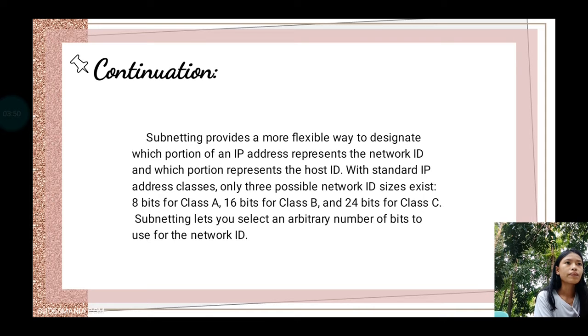The physical network comprises a single broadcast domain, which means that a single network medium must carry all the traffic from the network. So for performance reasons, networks are usually segmented into broadcast domains that are smaller than even Class C addresses provide.